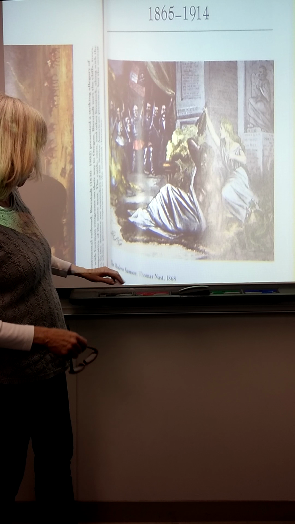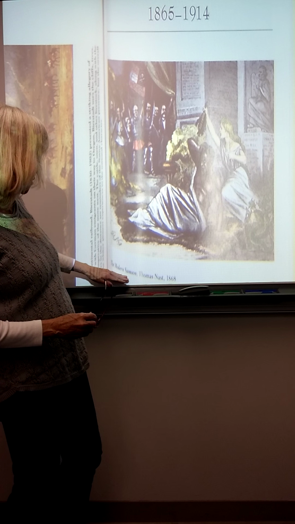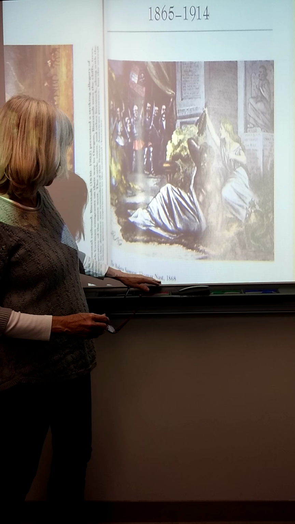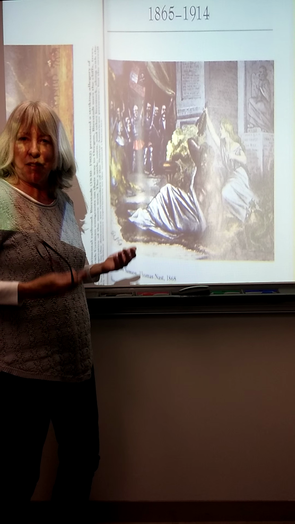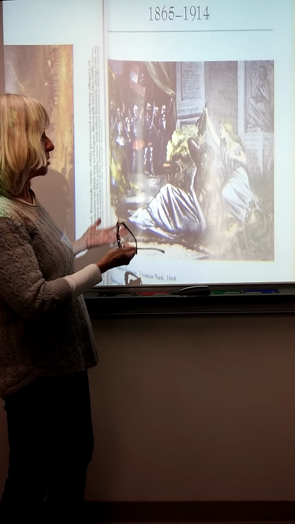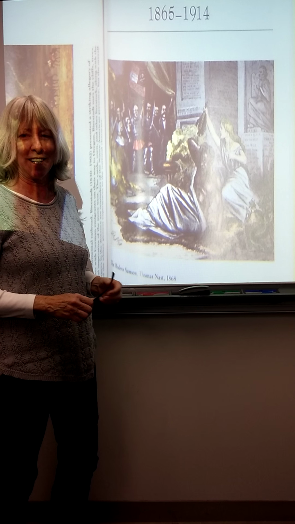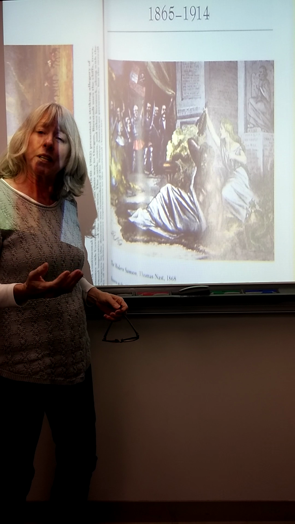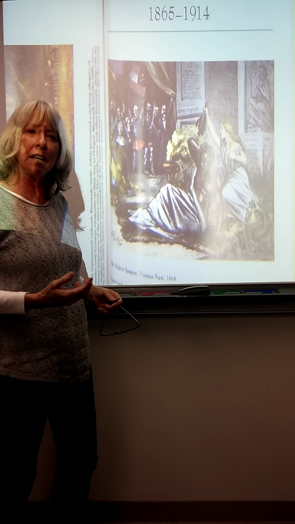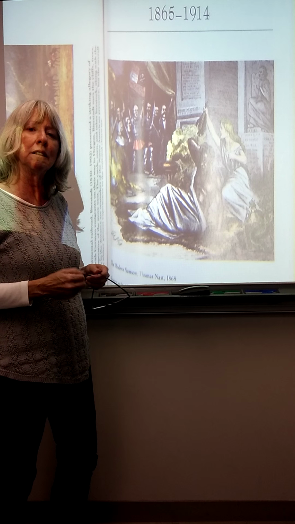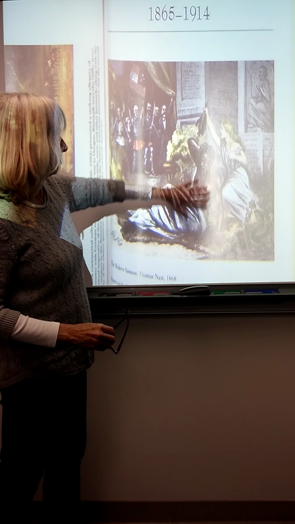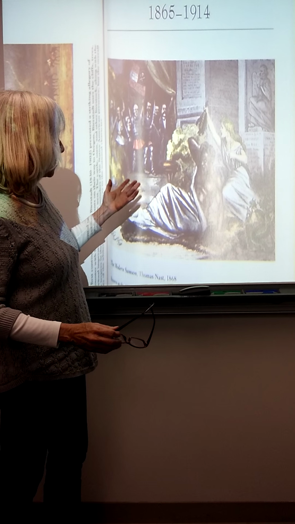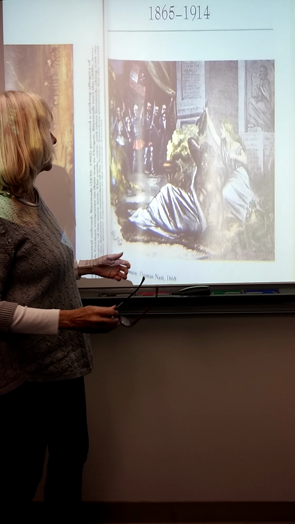One of the first ones you'll see here is The Modern Samson by Thomas Nast in 1868. And this is in the realism section because it's about historical events. It's a political cartoon making a comment on real issues. Everything's standing, everything's symbolic.